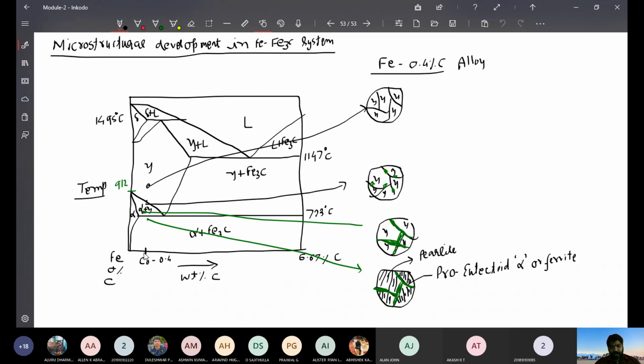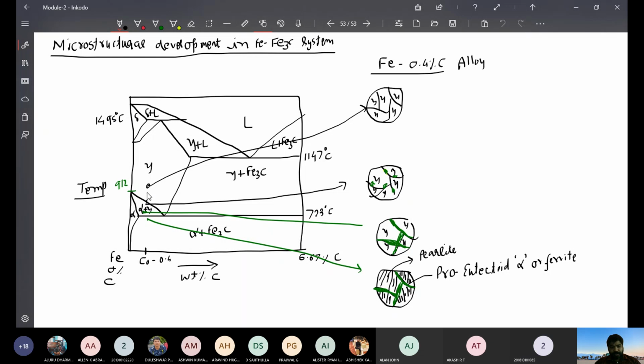Means you have taken an iron carbon alloy with 0.4% carbon, you heated it and you reached a single phase region, and here you can see everything is in gamma phase only. Now when you cool this alloy and reach this point, alpha starts appearing, because at any point below this, alpha will be there and gamma will be there.